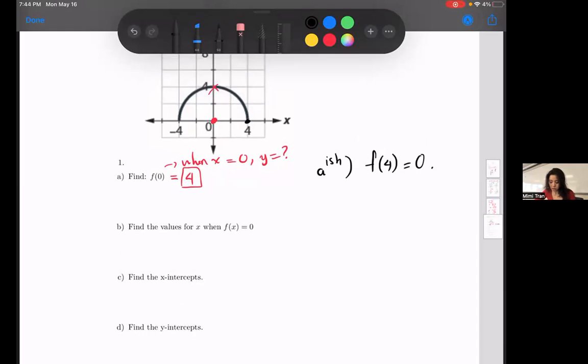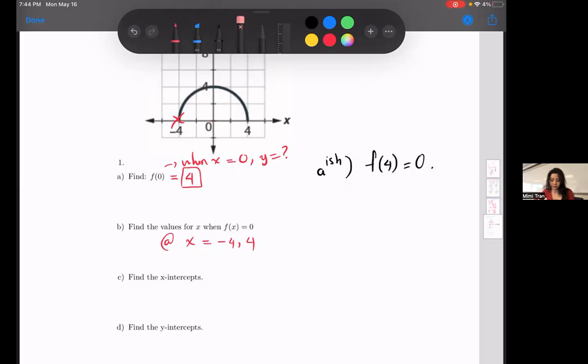What are the x values that correspond to y equals 0? I see it's here and here. So -4 and 4. At x equal -4 and x equal 4, y is 0.